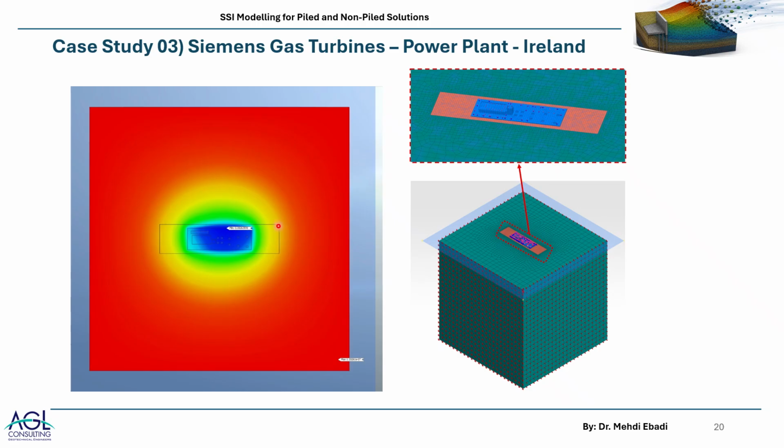And the one on the left side is just general shading of the deformations, which in this case were generally low, I mean, less than 2-3 mil. So we analyzed 76 load combinations for the accidental loads.